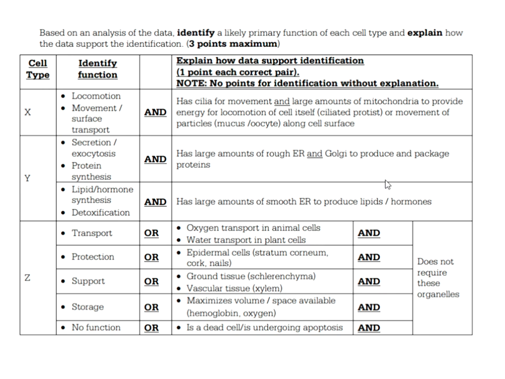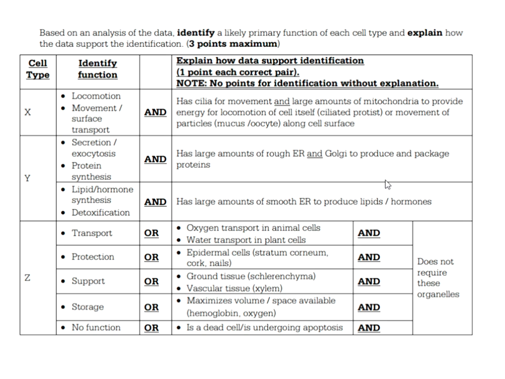For Y, the two main choices it gives here are the secretion or exocytosis. So you mentioned the movement of things in and out, so that would fall under that exocytosis. And you would need to back that up with having large amounts of the ER and Golgi apparatus to package those proteins, or protein synthesis would have been acceptable as well.